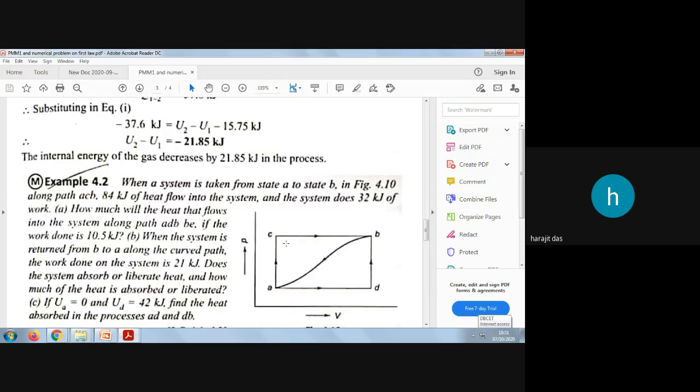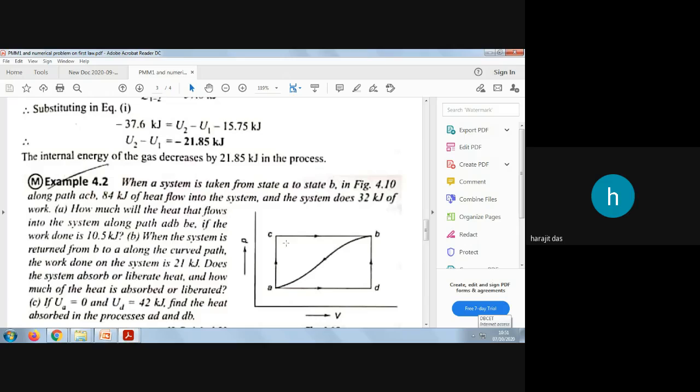This is the way you need to solve problems on the first law of thermodynamics. You need to take a pen and paper and read the problem very carefully. Step by step, write down each of the things that are given, and write the first law as a mathematical expression using all these things.